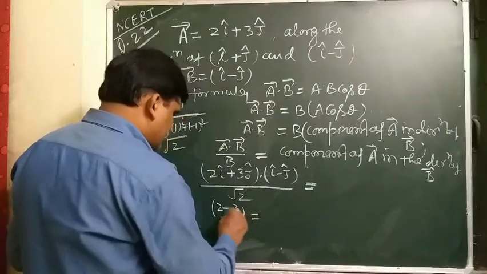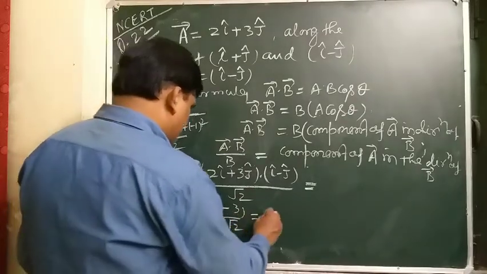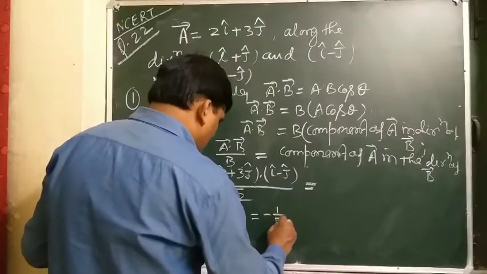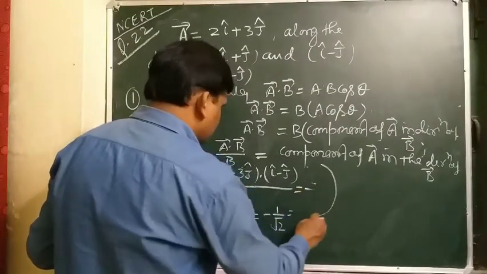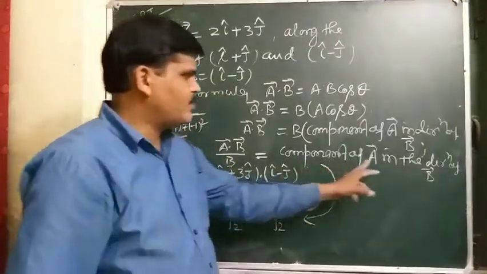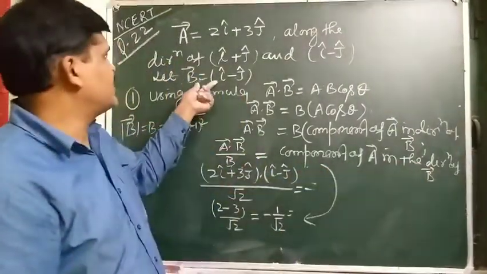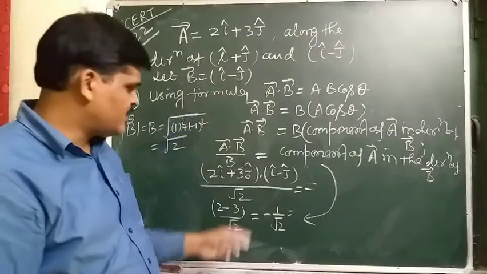And another answer comes out to be, student, minus 1 by root 2, which is the component of A in the direction of B. Here B is i cap minus j cap.